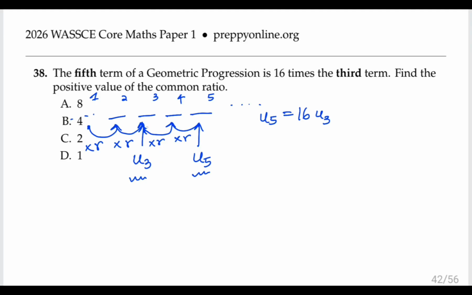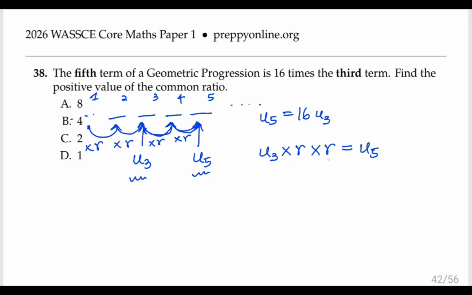That means that to move from the third term, you multiply by r to get the fourth term, and you multiply by r again to get the fifth term. So let me write that. When you take the third term, you multiply by r the first time, that will give you the fourth term. If you multiply by r again, that'll give you the fifth term. So we have this: U3 times r equals U5.